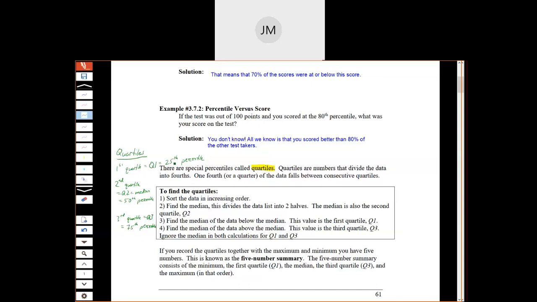See, it's going up by quarters, right? 1/4, 2/4, 3/4. The fourth quartile we don't ever really use because it would be the 100th percentile. So it would say that 100% of scores are at or below this score. So that's just the highest score.